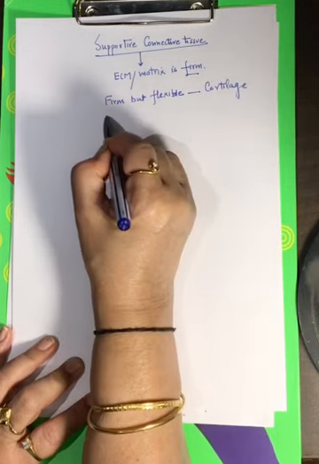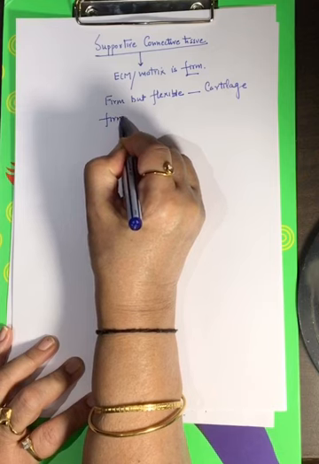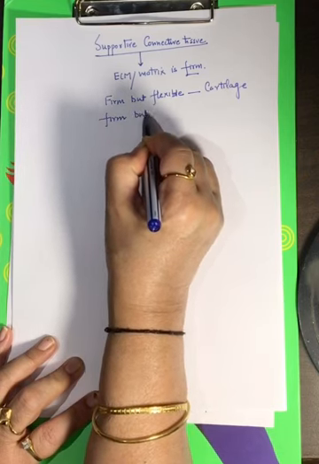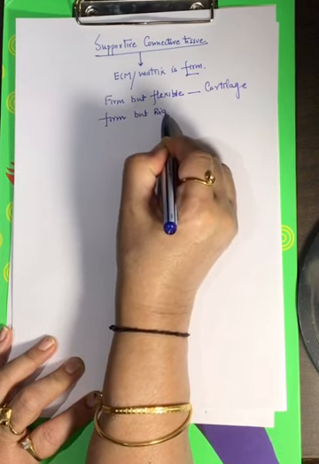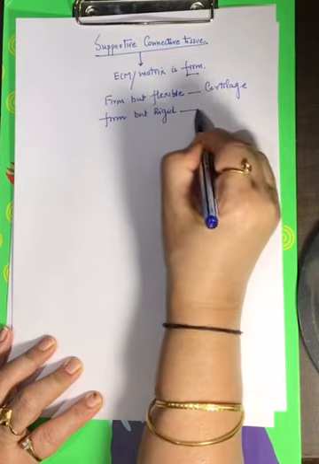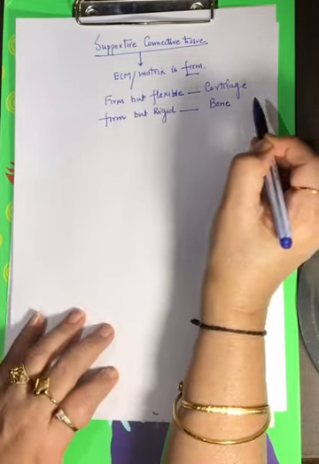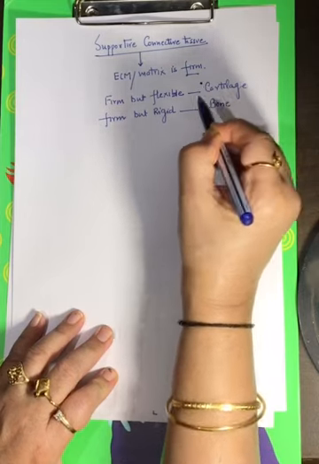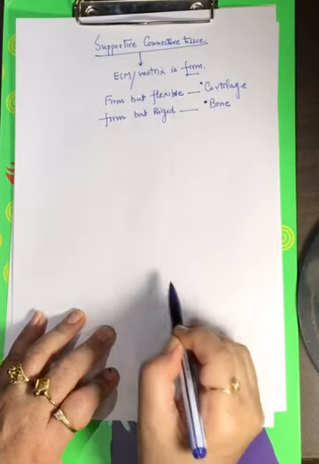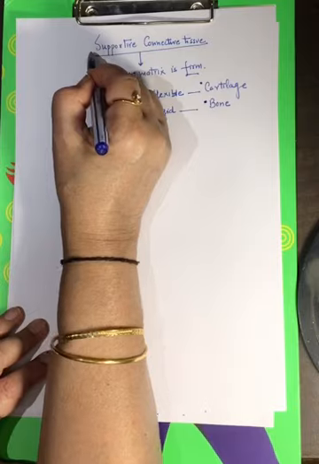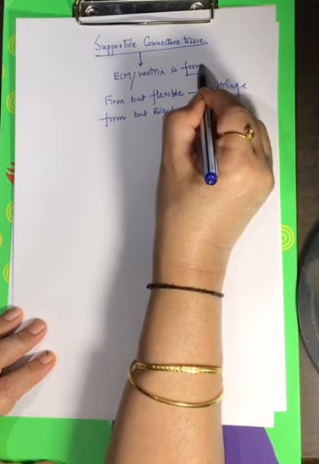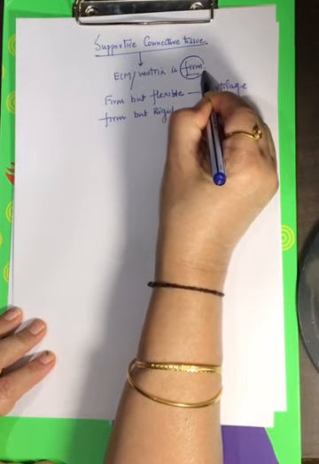And if the ECM is firm but rigid, it is bone. So we have two types of supportive connective tissue. We have bone and we have cartilage. One thing, supportive connective tissue is the one where the matrix is firm.